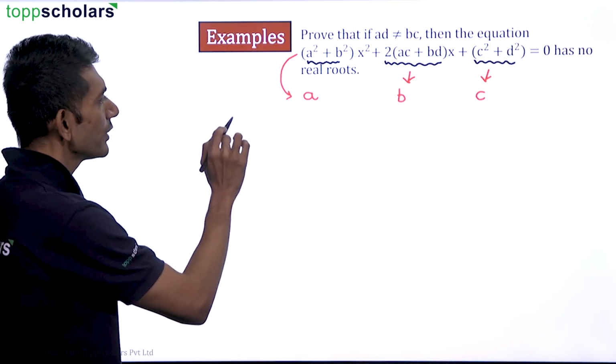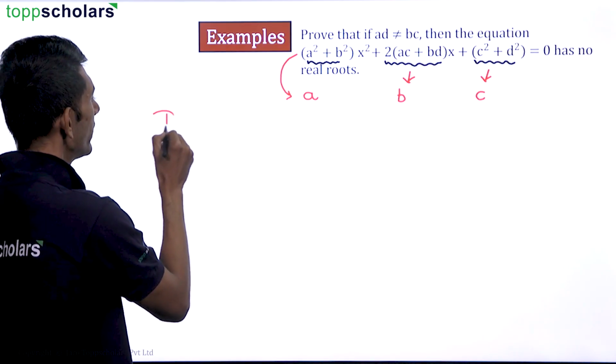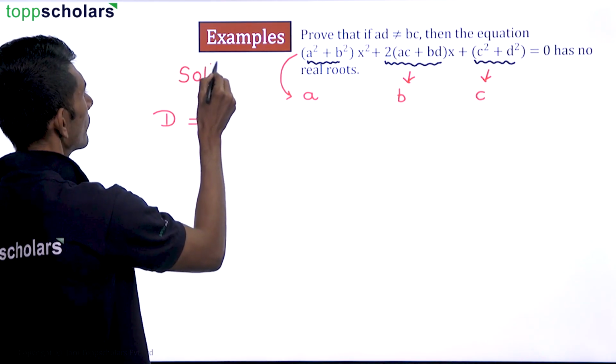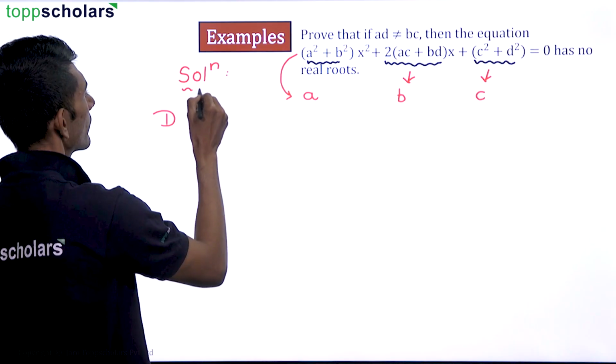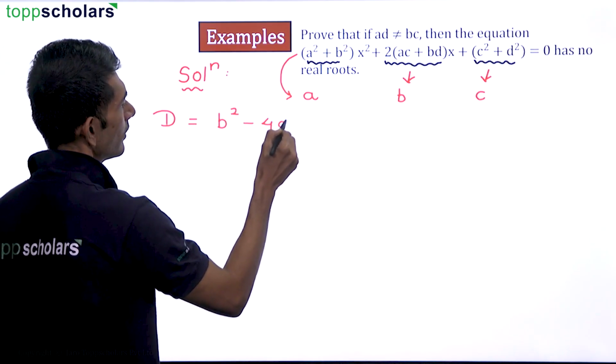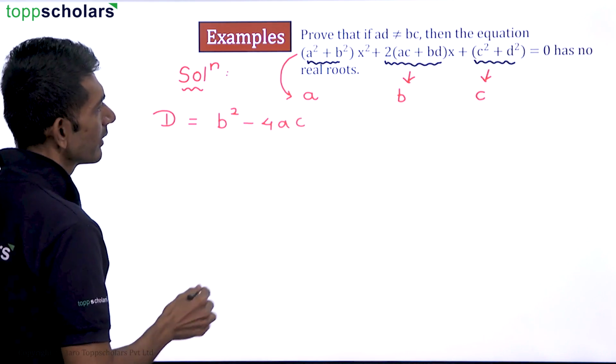Firstly, we'll find out the discriminant D. Discriminant is what? B square minus 4AC, right?